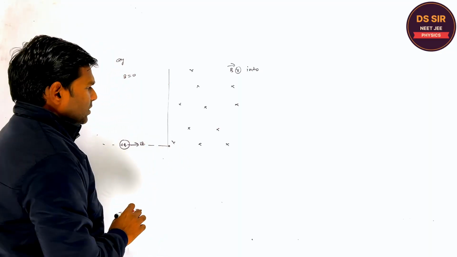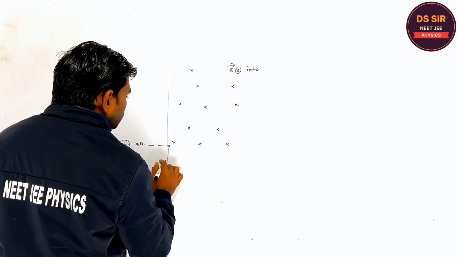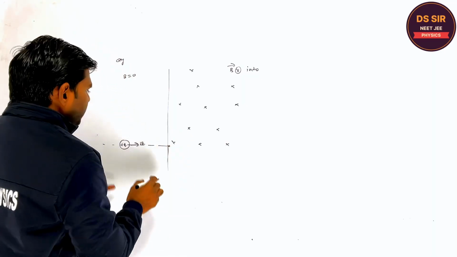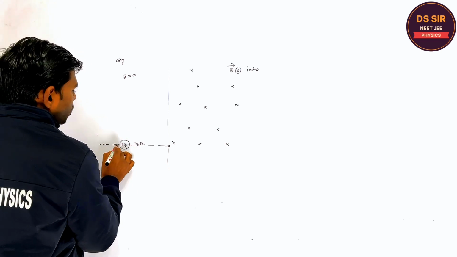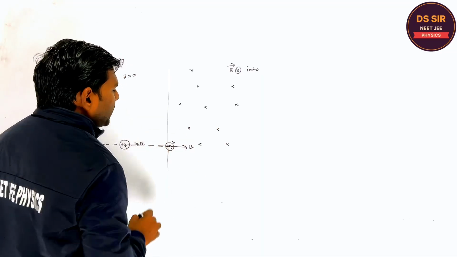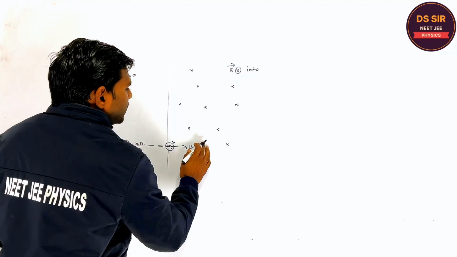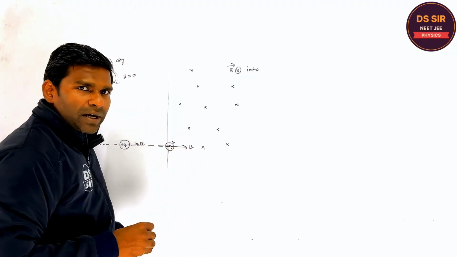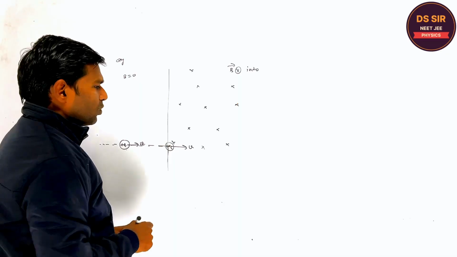What will be the motion of the charge particle when there is no magnetic field this side? It will continue to move in a straight line. When it enters this perpendicular or transverse magnetic field, the motion of the charge particle in a perpendicular magnetic field is always uniform circular motion, as we know.